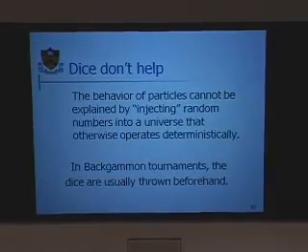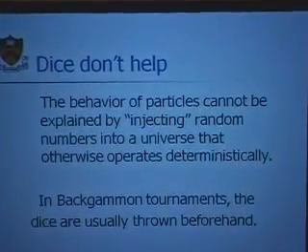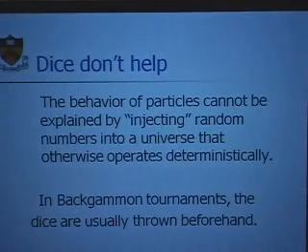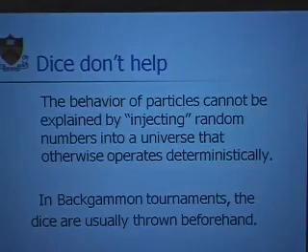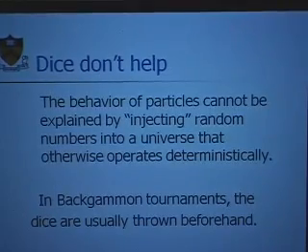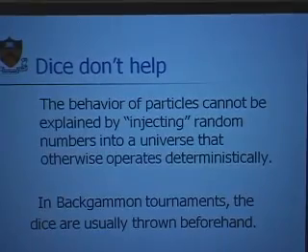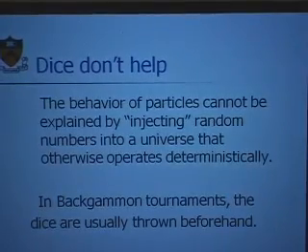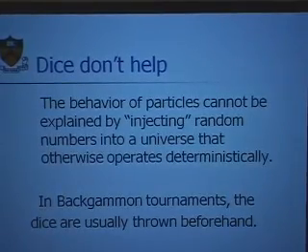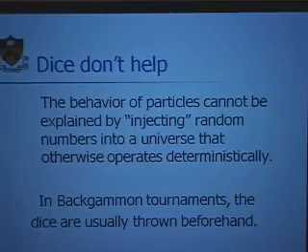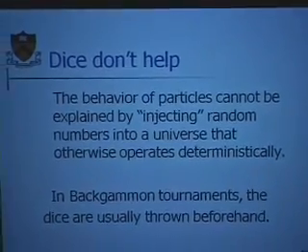every time I've mentioned it I've said this, but it's worth saying again, I really think that Simon and I are the first people to make this remark, that you can't explain the behavior of particles in this world by what I call injecting random numbers into a universe that has deterministic laws, apart from the fact that you've injected these random numbers into it.